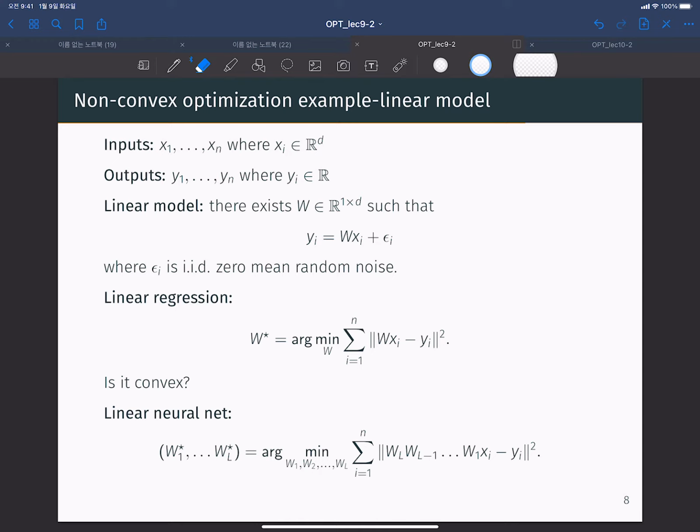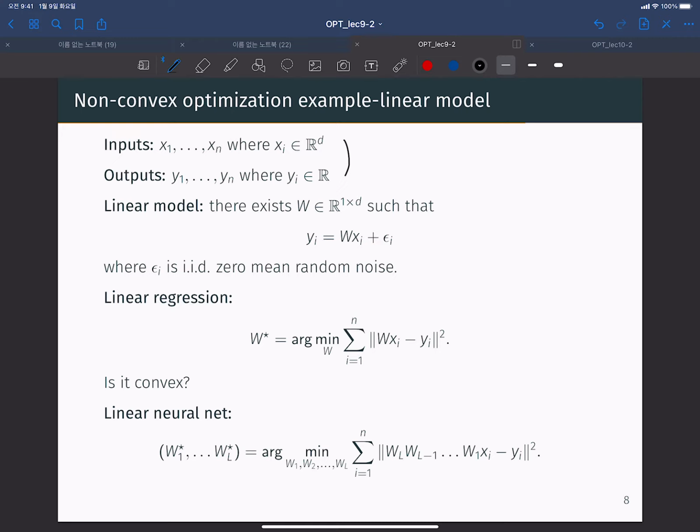So here in this video, I will give you a simple example of a non-convex optimization problem. Here we are considering some input and output pair dataset, and we want to find a linear fitting model that can explain the input and output pairs.